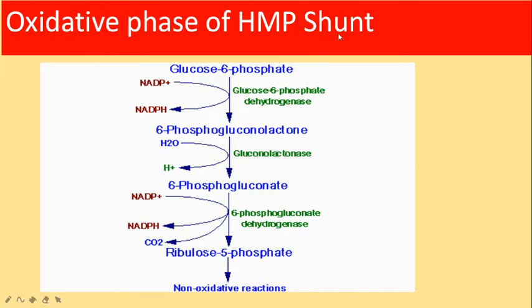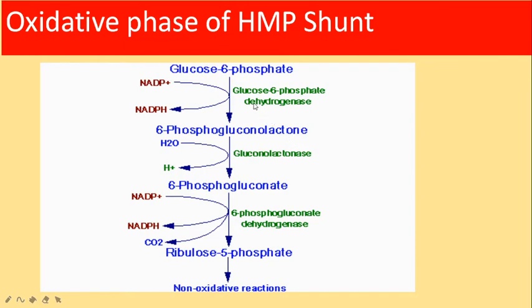Oxidative phase of HMP shunt. Here in the oxidative phase, 3 molecules of glucose 6-phosphate will be converted into 3 molecules of CO2 and 3 molecules of ribulose 5-phosphate. The first step involves conversion of glucose 6-phosphate into 6-phosphogluconolactone.